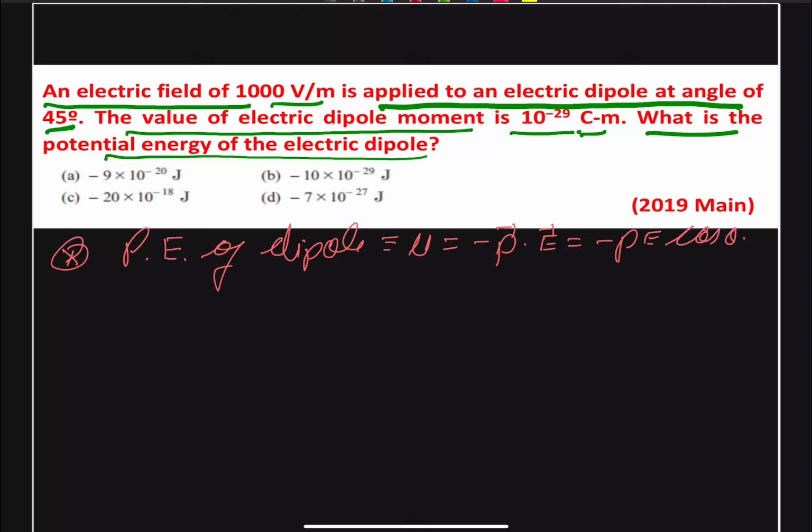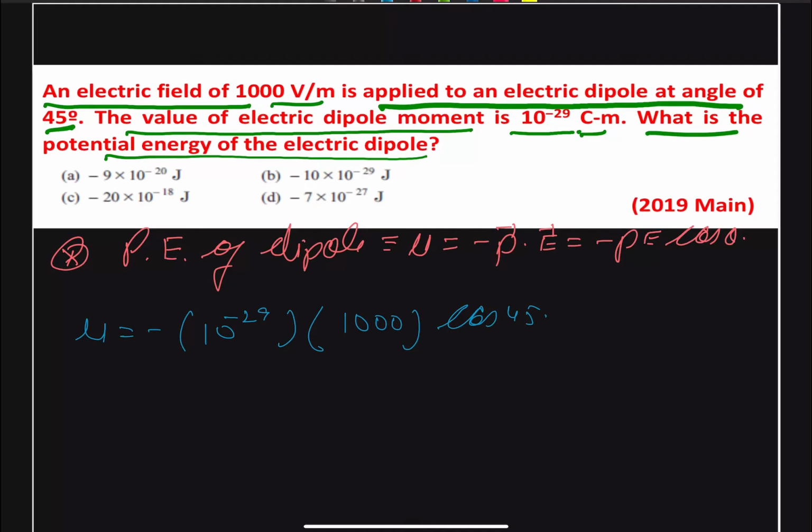And we simply substitute the values. We get U will be equal to minus, dipole moment is 10 raised to power minus 29, electric field is given as 1000, and we get cos 45, which will be 1 upon square root 2.